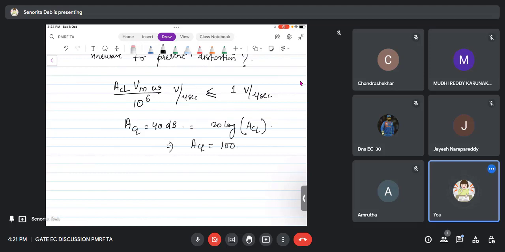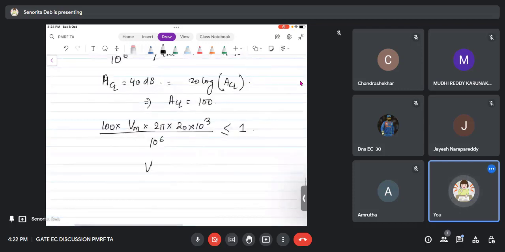Is this clear? 40 dB means 100 for ACL. So 100 into Vm into 2 pi f naught, where f naught is 20 kilohertz, upon 10 to the power 6, should be less than or equal to 1. Can you solve and tell me what Vm you are getting?